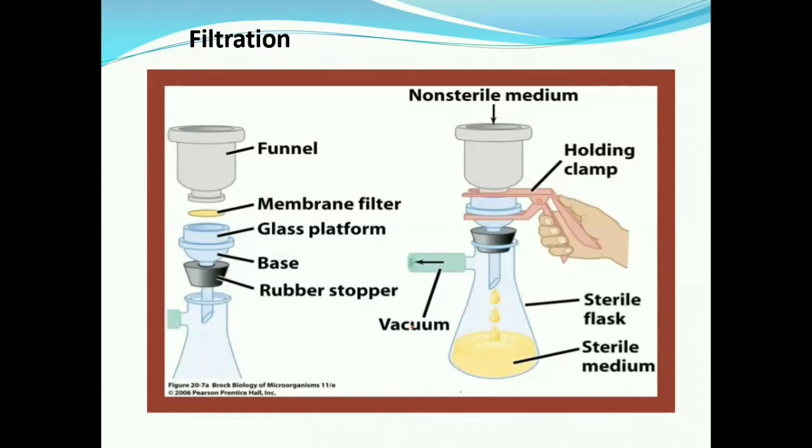Then this is the vacuum, also called an aspirator, which is used to suck the volume. And then this one is the base, then glass platform, and membrane filter for the sampling of the water.